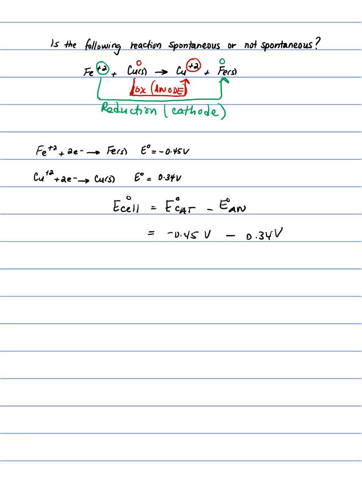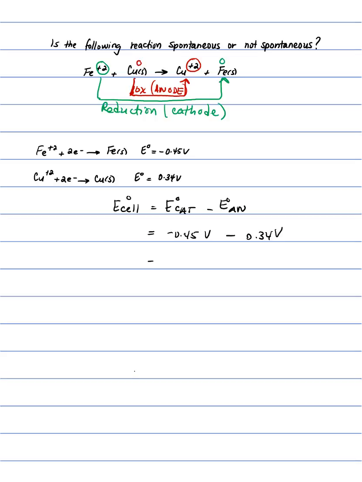Just by looking at what you have here, you will get a negative number. That's a negative number minus a positive number. Subtraction is the same as addition of the opposite. So this is the same as negative 0.45 plus negative 0.34. So you're technically adding two negative numbers, which is going to give you a negative potential.